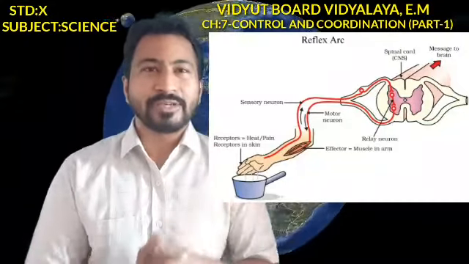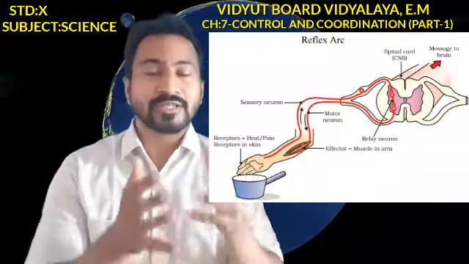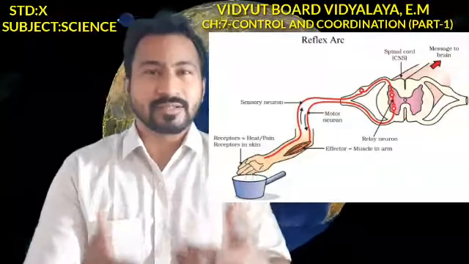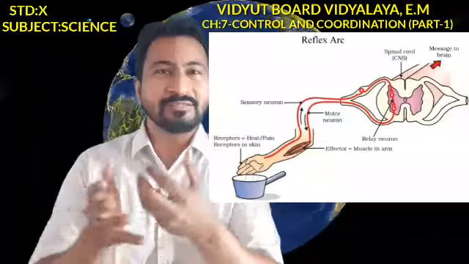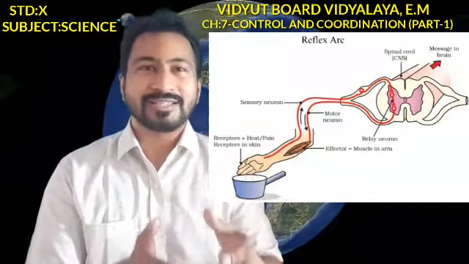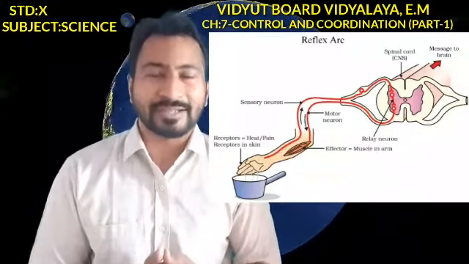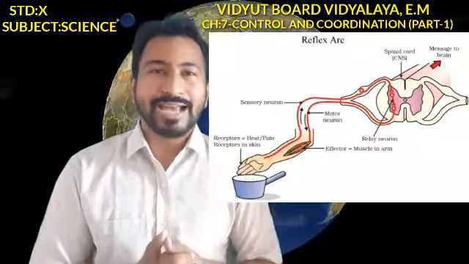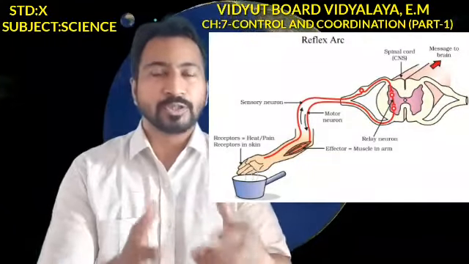So that information from the spinal cord will be reaching the muscles. These muscles are said to be the effectors. So the skin acts as the receptor to receive the information, and the muscles act as the effectors to show some sort of effect, that is, a withdrawal of the hand. For that purpose there are specialized nerves known as the motor nerves.